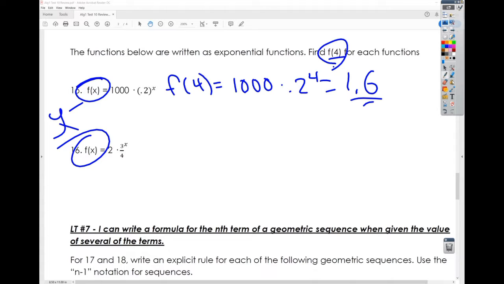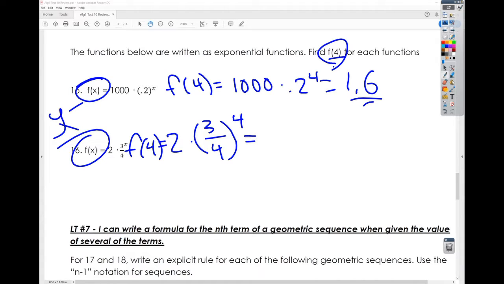Okay. And then on number 16, the 3/4 really should have had a parentheses around it. So we would want to do 2 times 3/4 raised to the 4th power. Again, to the 4th power because I'm trying to calculate what the value of f of 4 is.